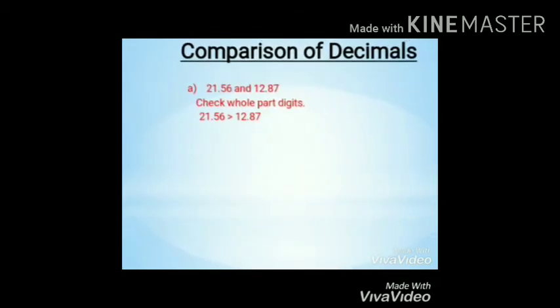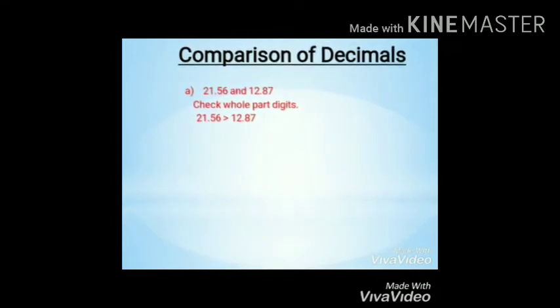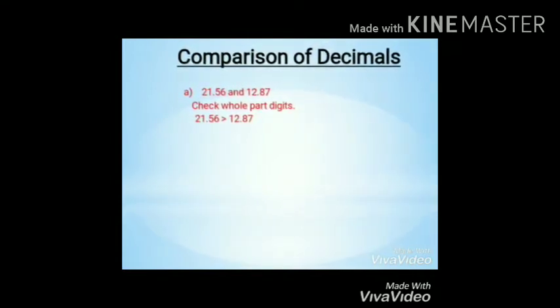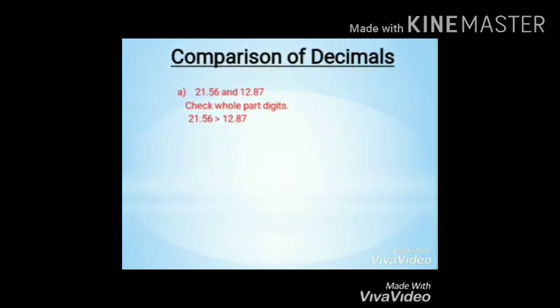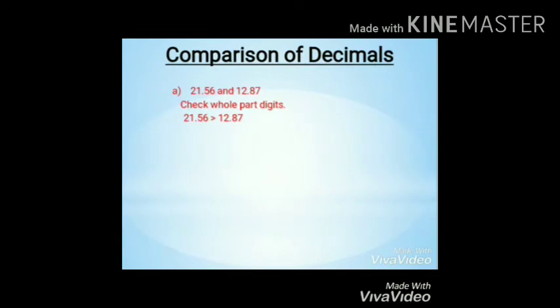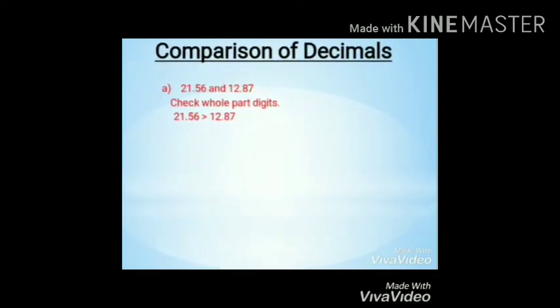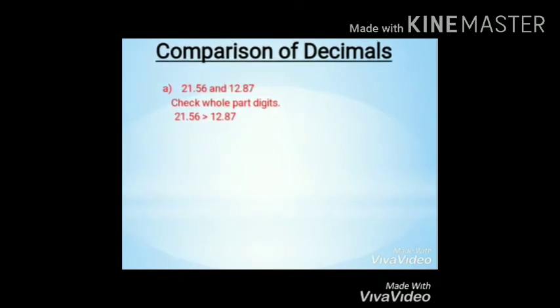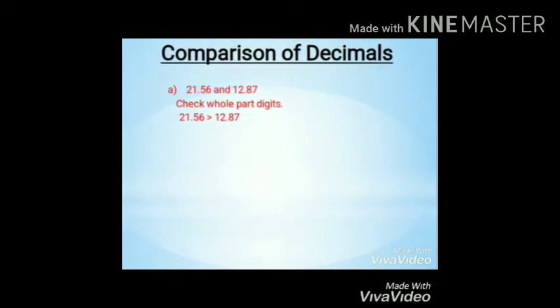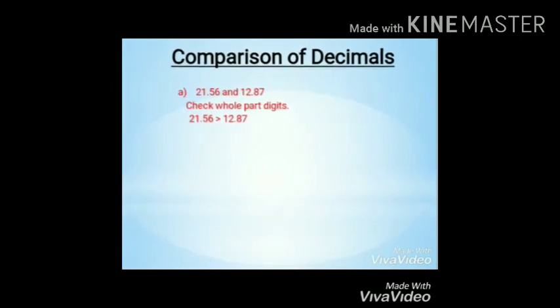When we have to compare two decimal numbers, so check their whole parts first. On which number the whole part is greater, that number is greater. So here in this example, we have 21.56 and 12.87. So as you can see, 21 is greater than 12. So that means 21.56 is greater than 12.87.